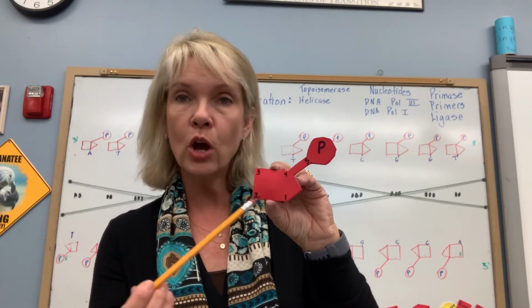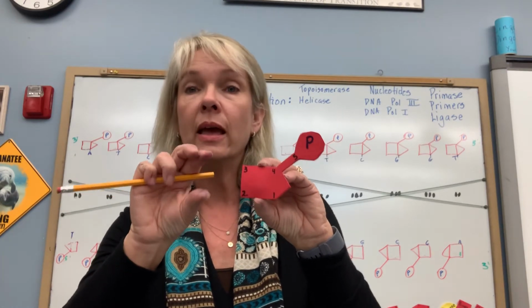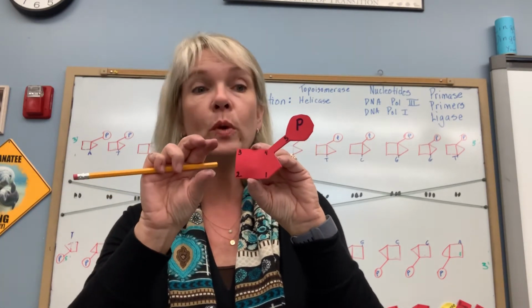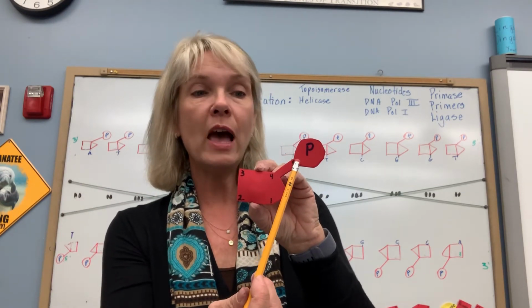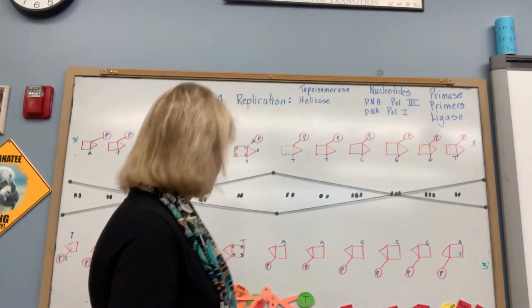The rule you need to remember is that the 3 position is always open. It is open for another nucleotide to come in and bond to it. So we read DNA in the 5 to 3 order, and they're referencing the 5-carbon to the 3-carbon orientation.